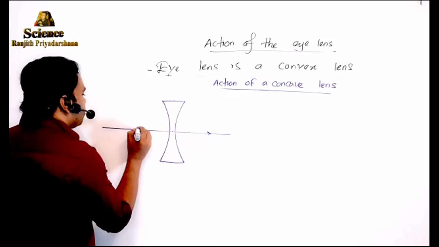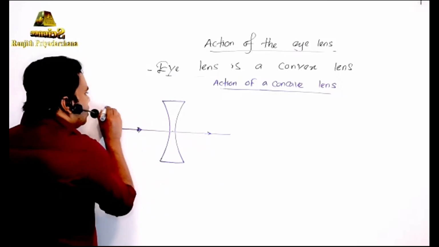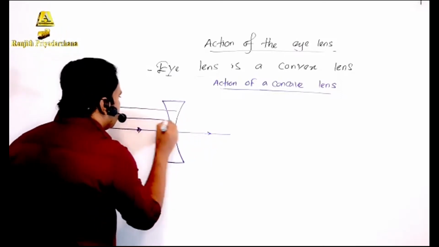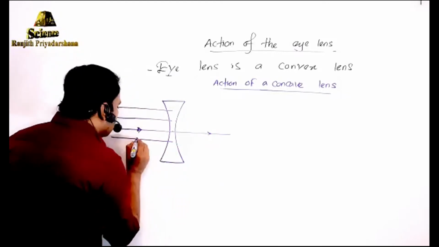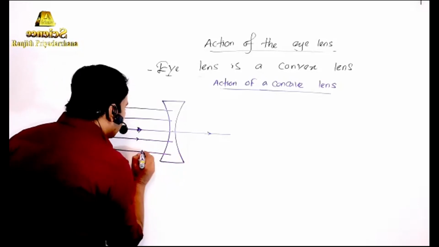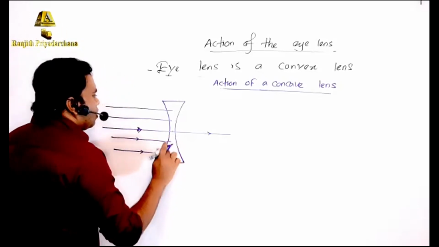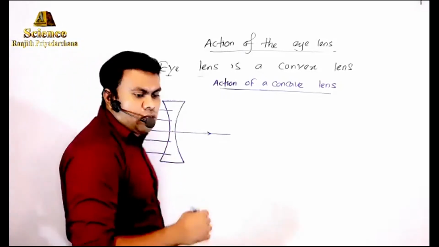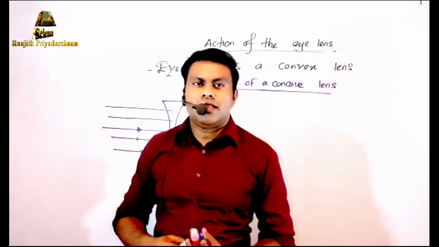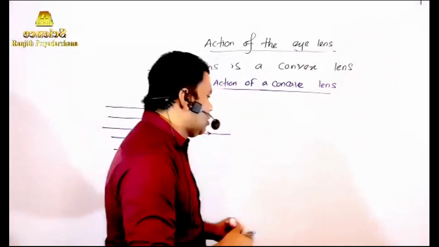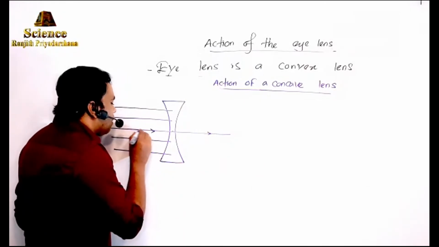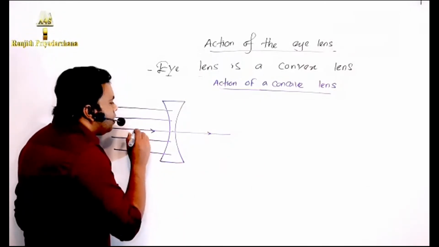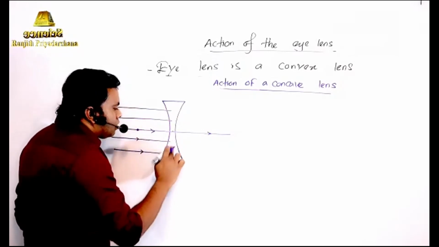But other light rays that come towards this concave lens, they start to refract as if they are coming from a fixed point behind the lens.